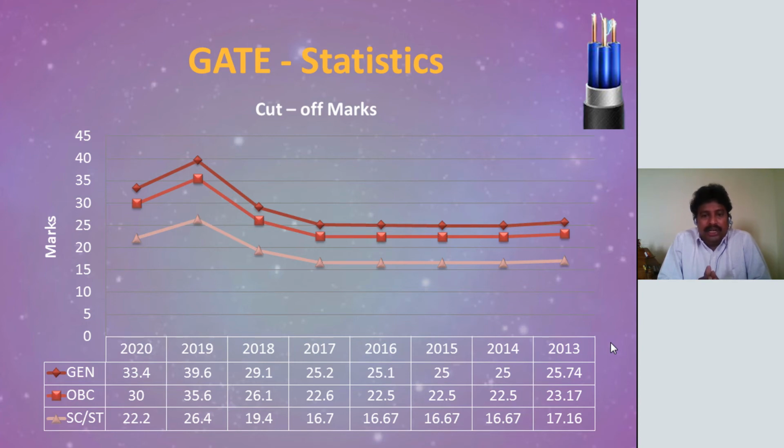From 2018 onwards, the cutoff mark has been slightly raised, and it reached a peak of 39.6 in 2019. In 2020, that figure came down to 33.4. As a result, the cutoff marks of other backward classes and scheduled caste and scheduled tribe candidates also increase.